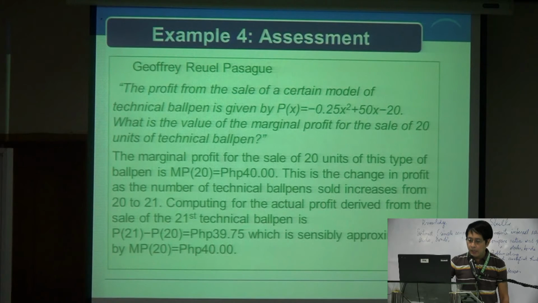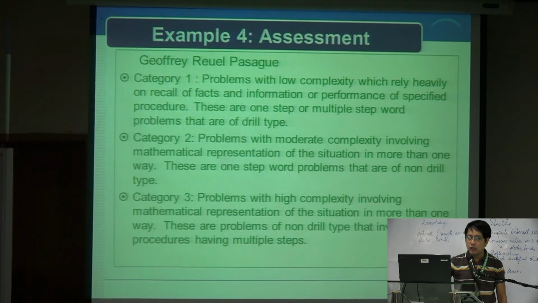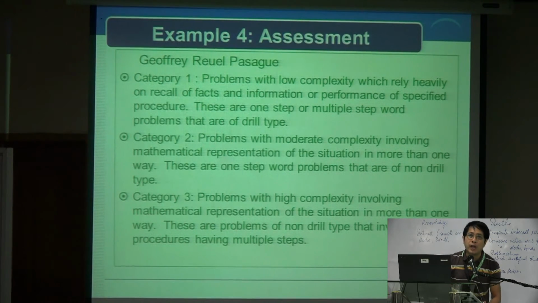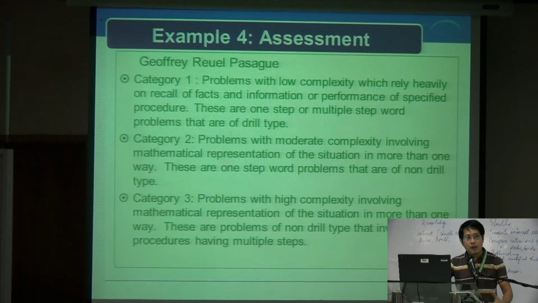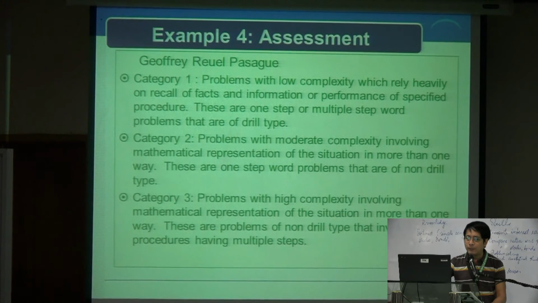And in my rubric, in the research, I designed a rubric which was adopted from Dr. Limjap's study and 2 educators from Taiwan. So I had category 1, which are problems with low complexity, which rely heavily on recall of facts and information or performance of specified procedure, so very algorithmic in nature, and these are supposed to be one-step or multiple-step word problems that are of drill type.